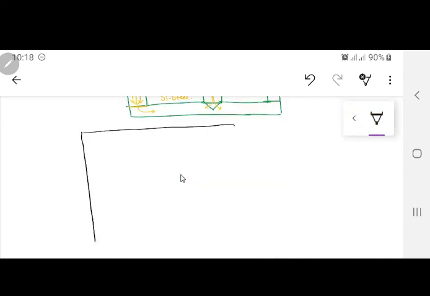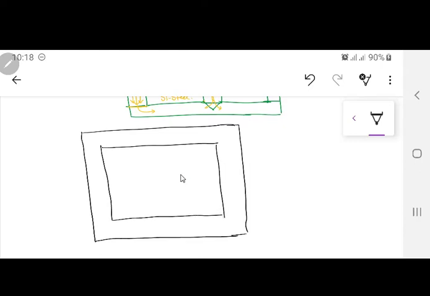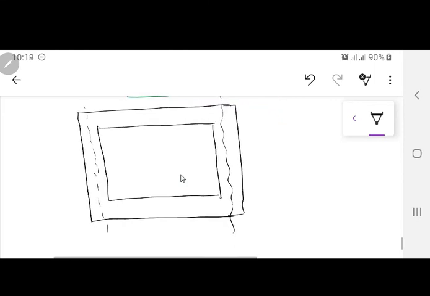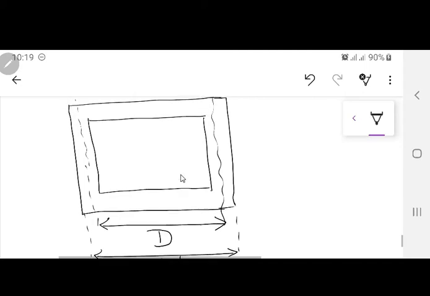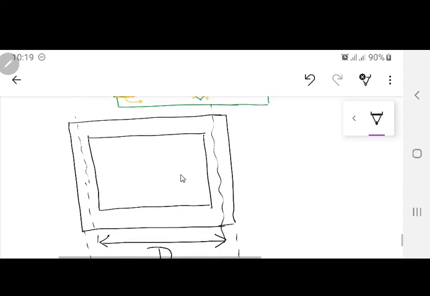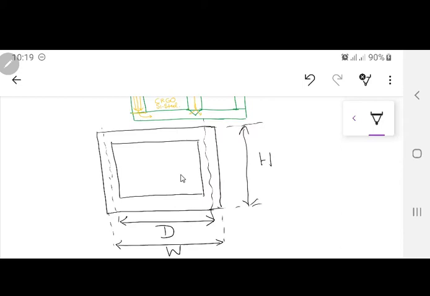So if you have a single phase transformer and it is core type, from the center of this limb to the center of the other limb, from limb to limb, this distance is D, and from this point to this point, this is the width of the transformer, and from here to here, this is the height of the transformer.